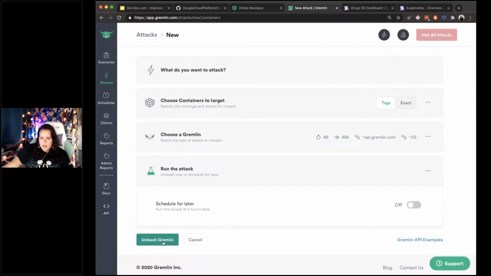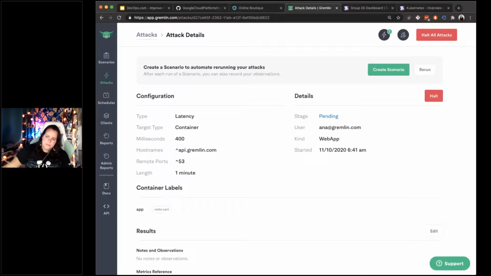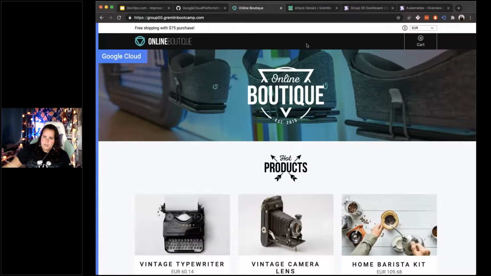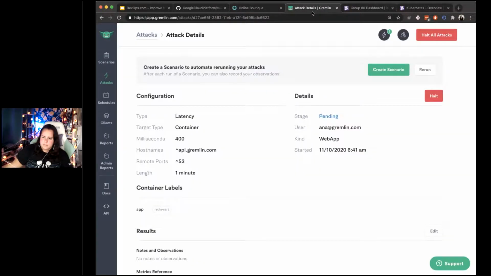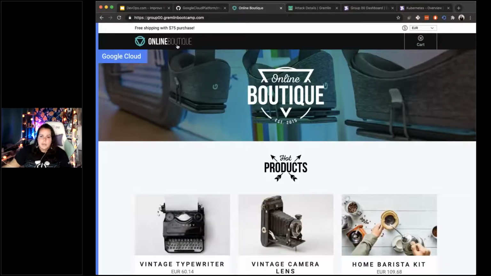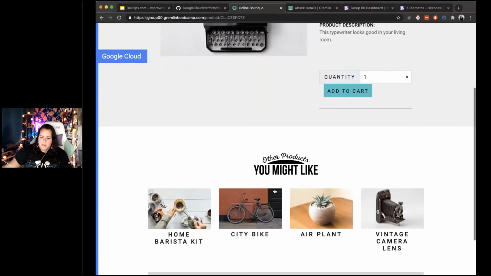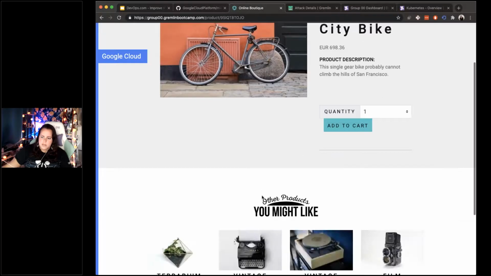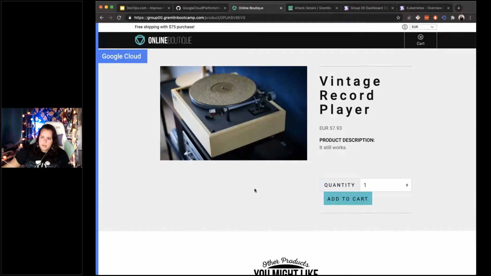We're going to go ahead and unleash the gremlin. We see that everything is just pending. I'm just going to wait for it to start running. Perfect. We'll head back over to our online boutique. We just want to see what the 400 milliseconds of latency do to our Redis cart.